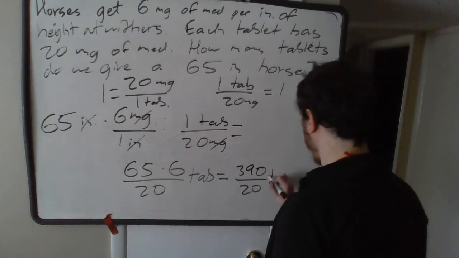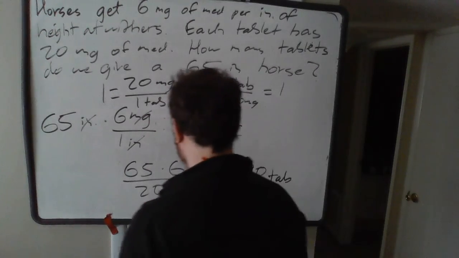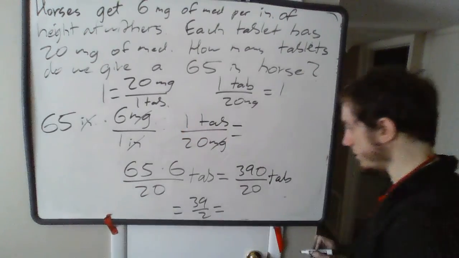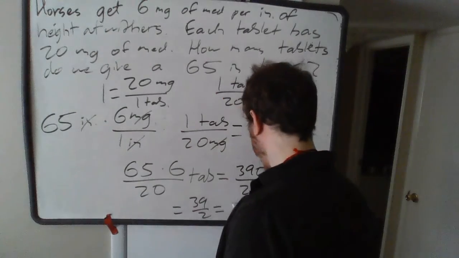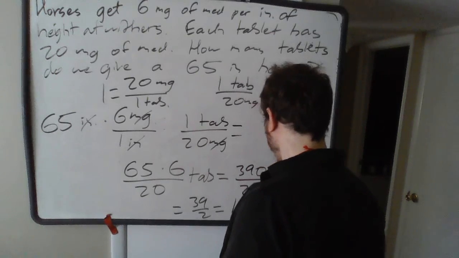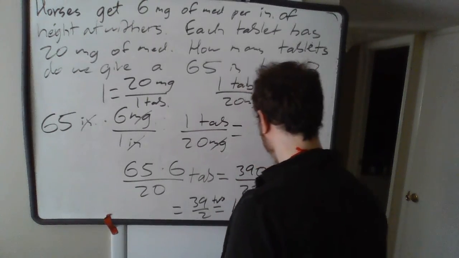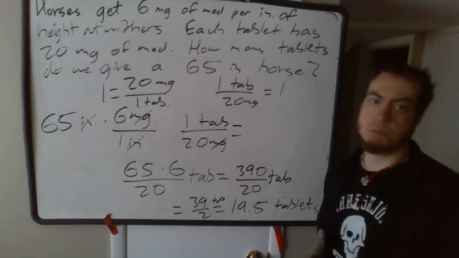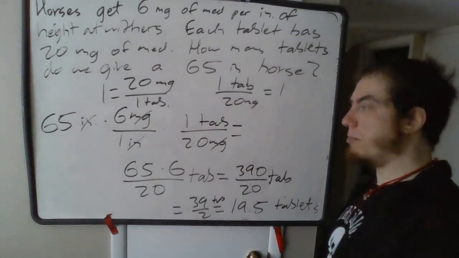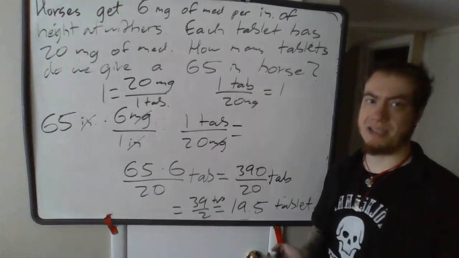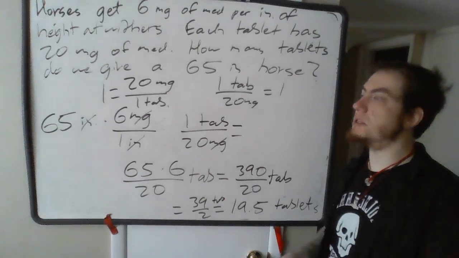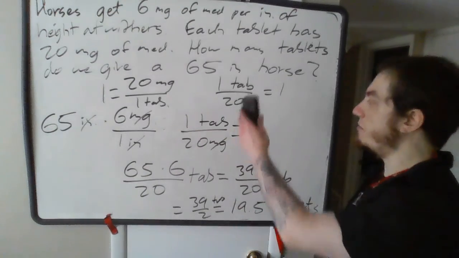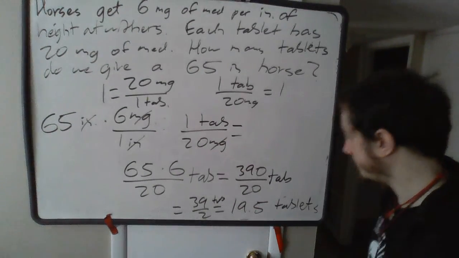Sorry, I need to keep track of the fact that this is still tablets. So this is 39 over 2, which is going to be equal to 19.5 tablets. Okay, that's a lot of tablets, but it is a horse, so we probably do have to give it quite a few tablets. And maybe if they're horse tablets, maybe somebody made bigger tablets for horses or something, but I made up these numbers for the sake of the example.